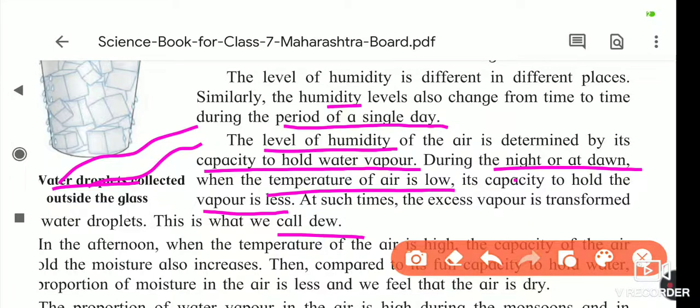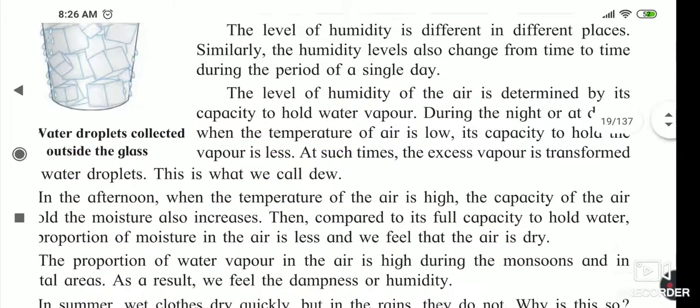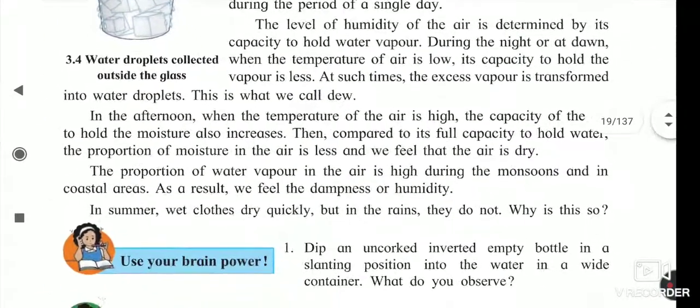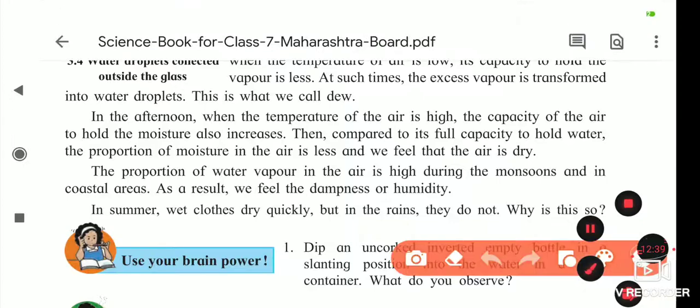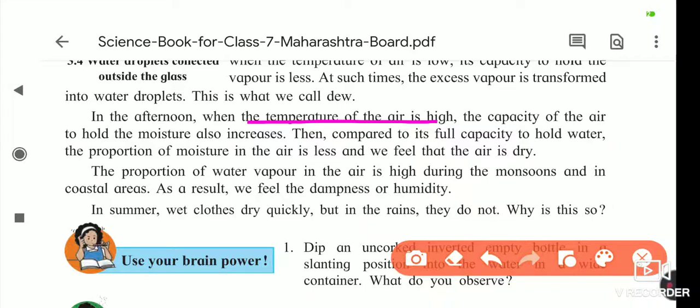So at that time the water present in the air condenses, and due to this, on the leaves of the grass or tree leaves, wherever there are cool places, we see small drops, and these drops are called dew drops. In the afternoon, when the temperature of the air is high, due to sunlight its capacity to hold water increases.